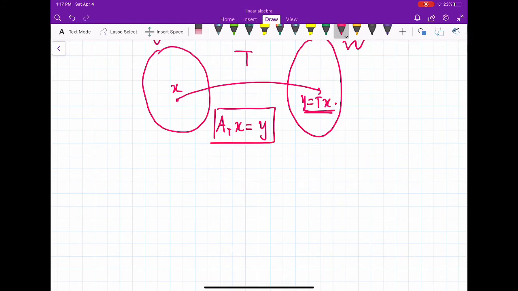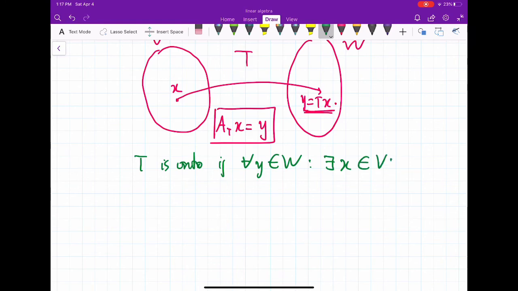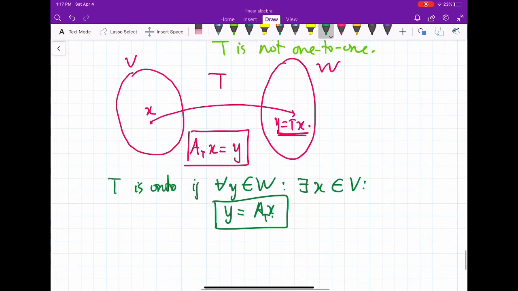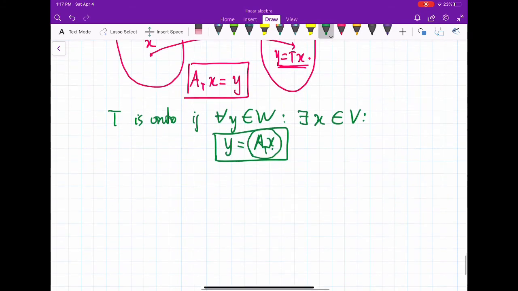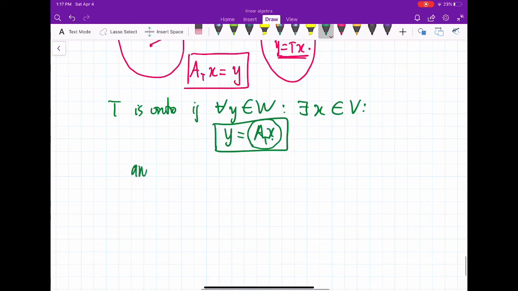And the map T is onto if for any y in W, you can find some x in V such that y equals Ax. That means any element in W is a linear combination of the columns of A. Make sense?